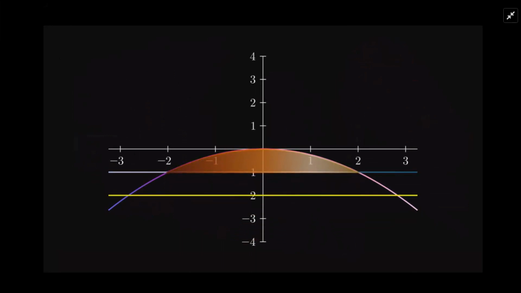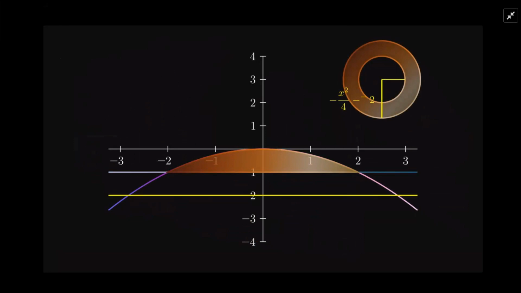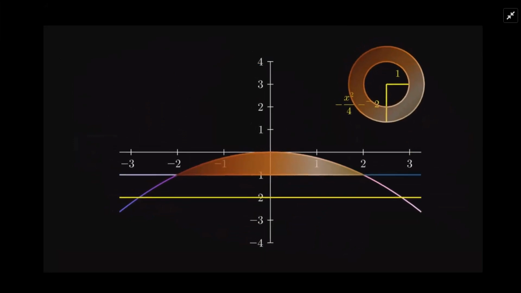But now we're going to slice it into rings. That open space. So we need the outer radius. In this case, it'll be the value of the function minus the value of the line, -2, and the inner radius, which is just 1, from -1 to -2.